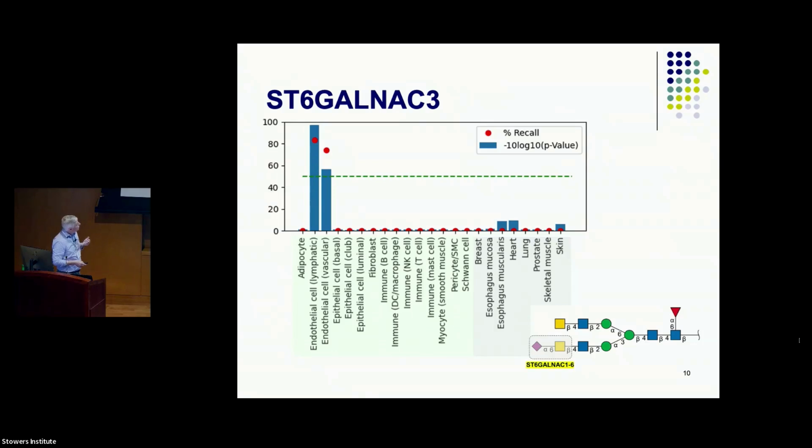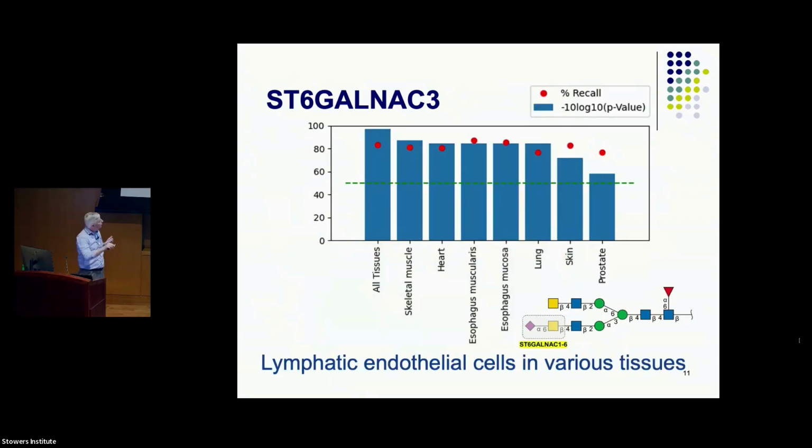And we can see that in this case, it's actually significant when we group all of the lymphatic endothelial cells, regardless of the tissue, whereas the previous one was tissue specific and did not have such a general utility.